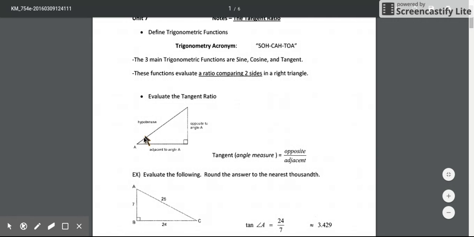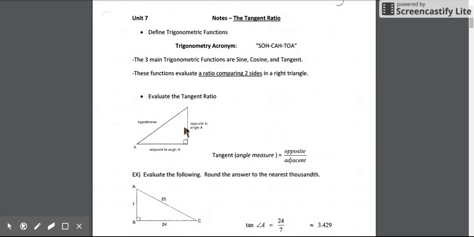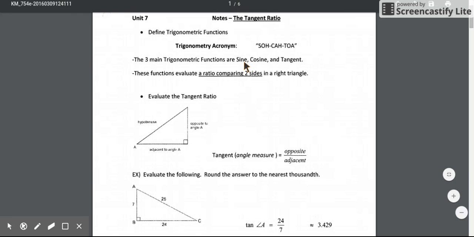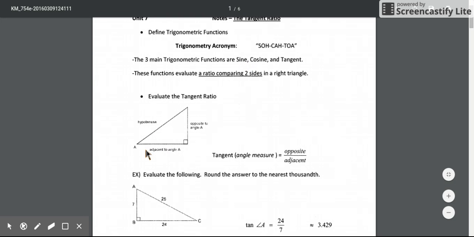For example, if I want to talk about angle A in this right triangle, the opposite side would be across from it, and the adjacent side would be the side touching it or next to it. The adjacent side is never the hypotenuse. For sine and cosine, we'll actually use the hypotenuse, but we'll call it hypotenuse. So the adjacent side is never referring to the hypotenuse. It's always referring to the leg that is touching or next to the angle that we're talking about.